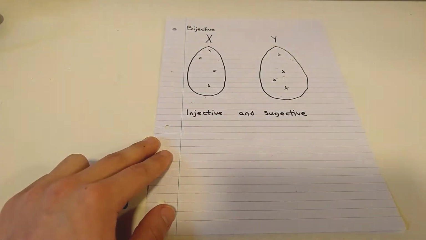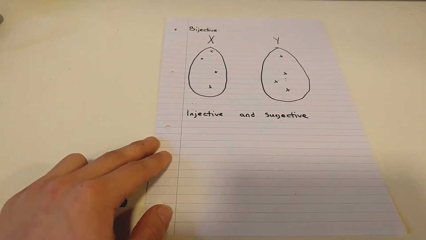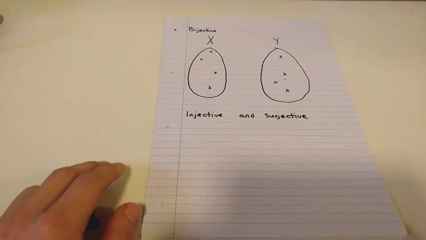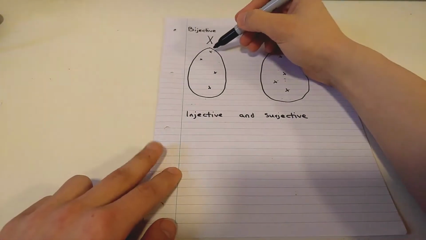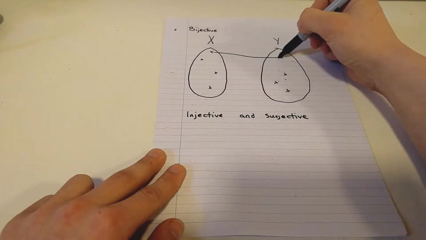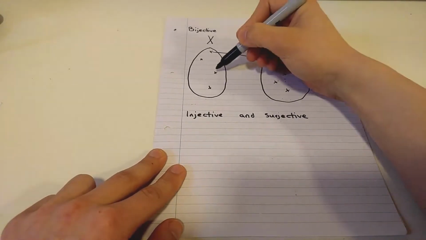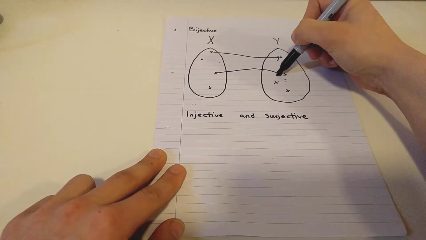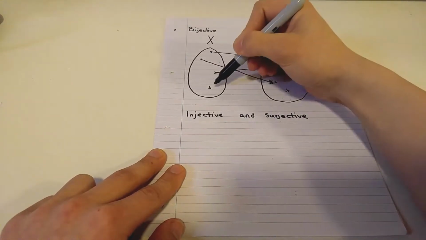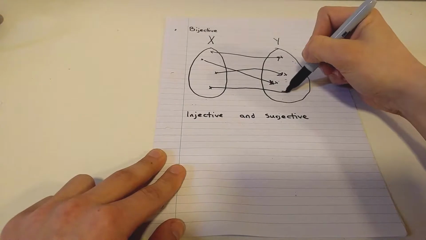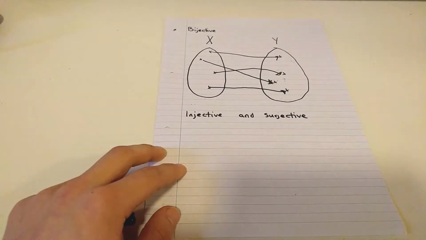Now if you look at bijective functions, all that really means is that they're both surjective and injective. So what that really means by definition is that every y has exactly one x. So in this case, every single y has exactly one x attached to it.